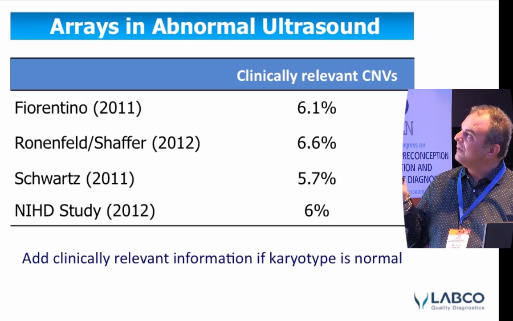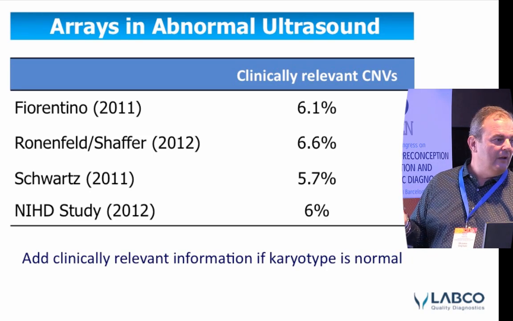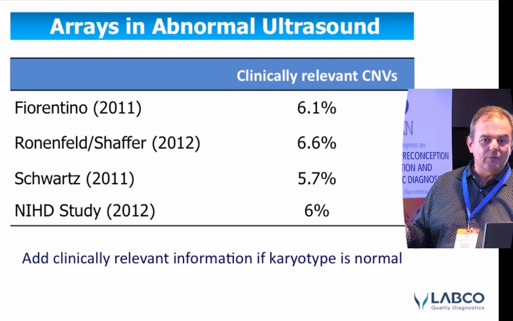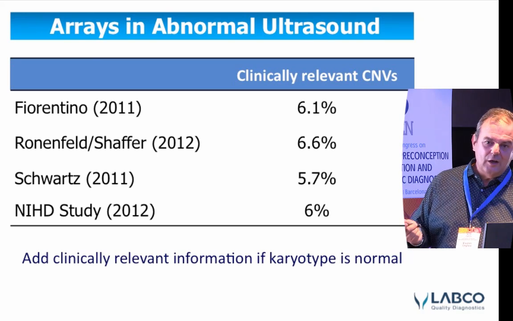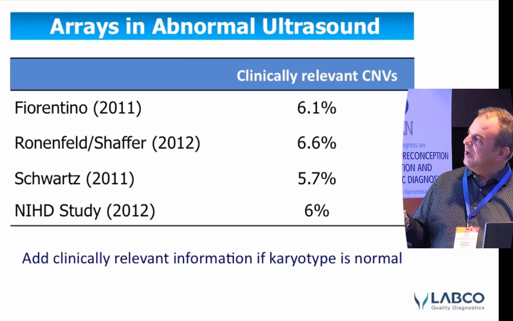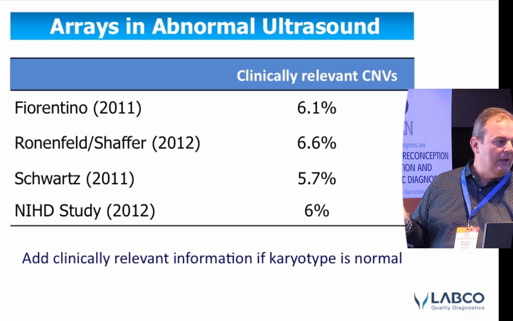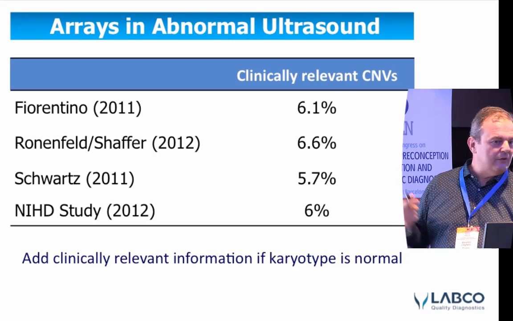So back to ultrasound, but it's also interesting to see that, independently from the array used, in prenatal diagnosis, as mentioned, in abnormal ultrasound it has repeatedly been shown that you can detect chromosomal abnormalities in about 6% more cases compared with cytogenetic analysis. And this is a BAC array, so targeted with a backbone, 6.1%. A mixed array between oligos and BAC array at the beginning, almost the same extra detection rate.